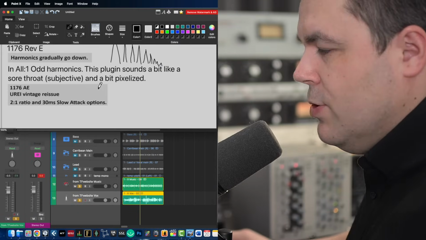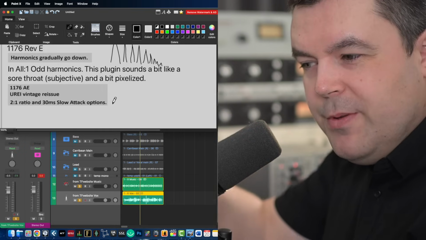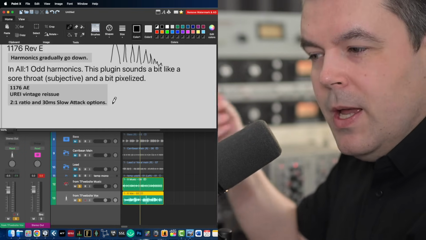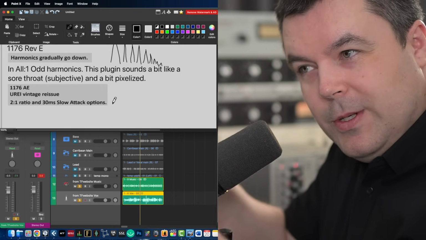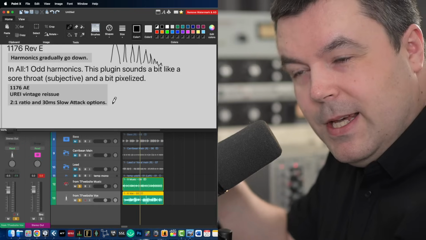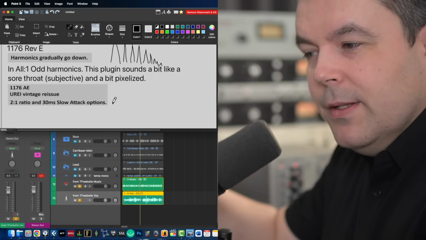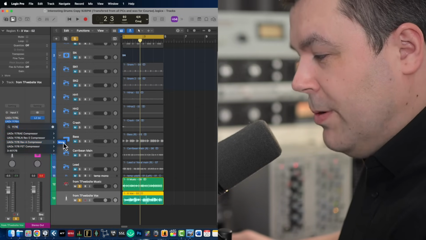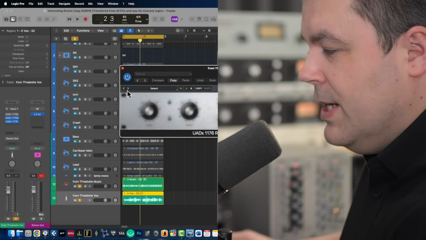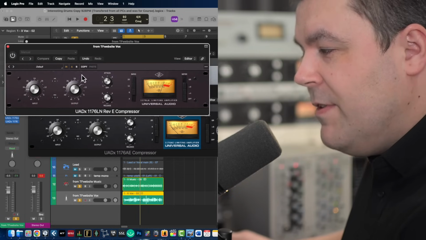This compressor also has gradually going down harmonics. It's not a 100% print of the previous compressor to this compressor. They're very similar, which is strange. If you compare Universal Audio plugins from 2000 and from 2010, harmonic content can be different, while inside this bundle, even though there are very different compressors over here, the one which is supposed to sound completely different, let's say this one, and this one, they have everything in common.